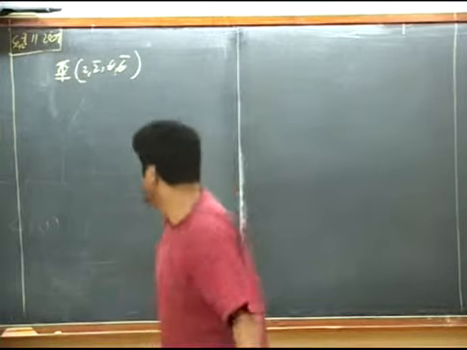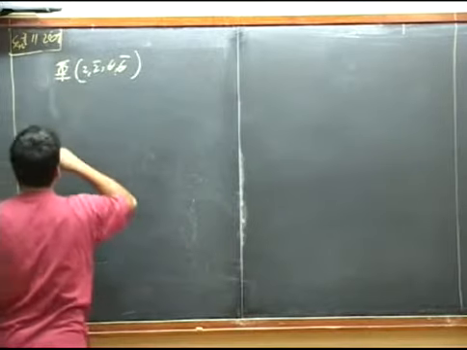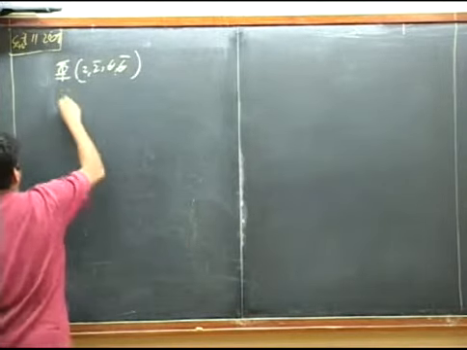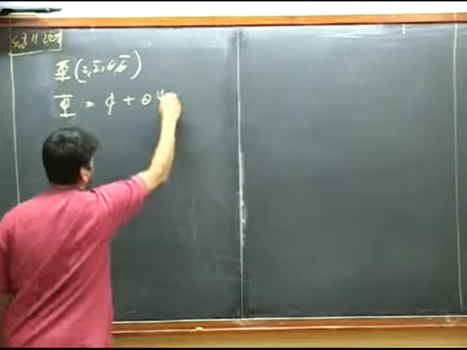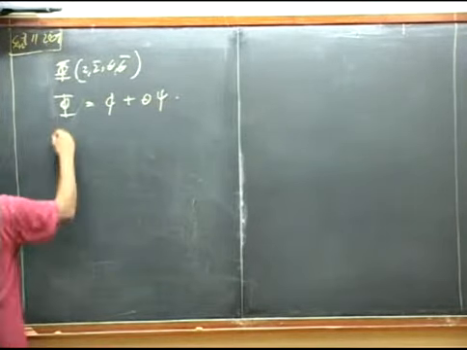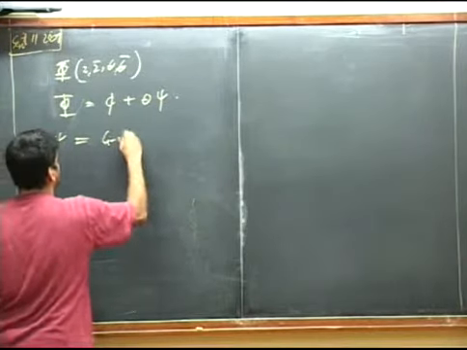And the second thing we understood is that if this phi had an expansion phi plus theta times psi, then psi was equal to G minus half.